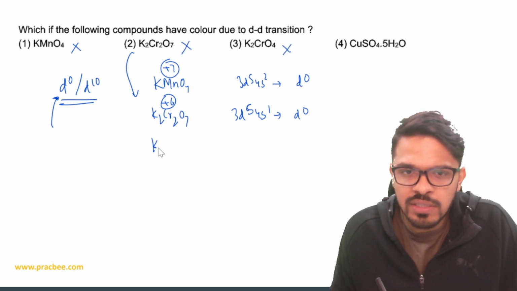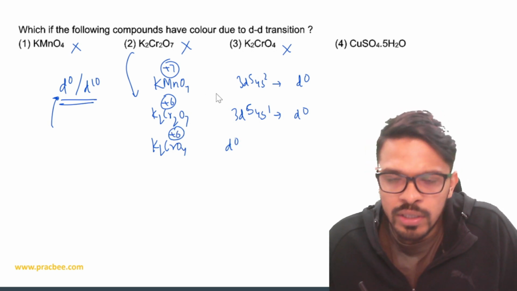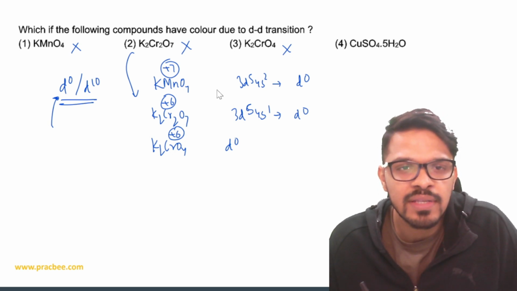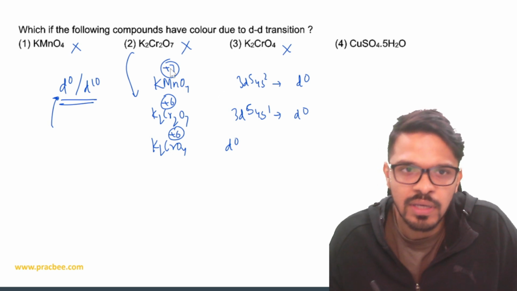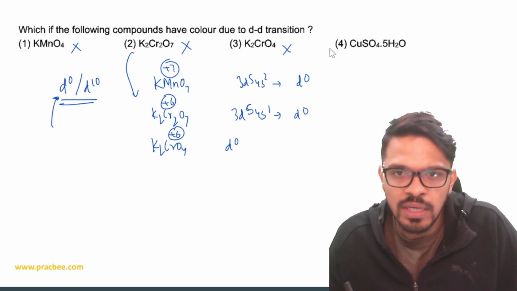K2CrO4 is again +6, again d0. So all these three are not colored due to d-d transition. They are colored, I agree, but the reason is ligand to metal charge transfer. 1, 2 and 3 are colored due to ligand to metal charge transfer.